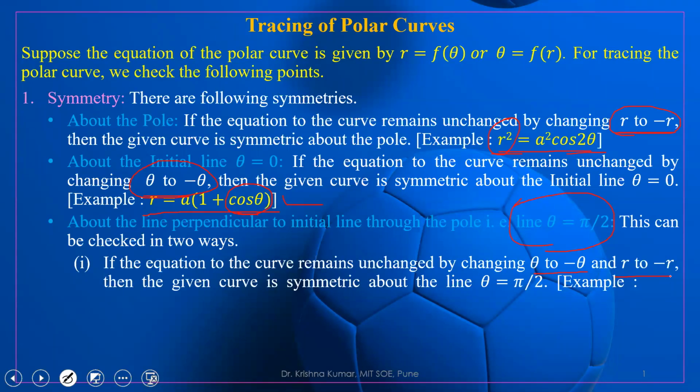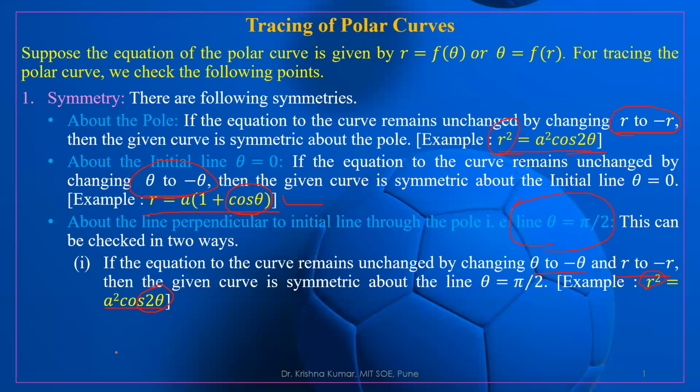For any polar curve, if there is no change in the given curve, then we say that the curve is symmetric about the line theta equal to pi by 2. For example, if we are given r square equal to a square cos 2 theta, clearly if we replace r by minus r, it will not change, and theta by minus theta, cos of minus theta is again cos theta. So the equation of the curve will not change. Therefore this curve is symmetric about the line theta equal to pi by 2.